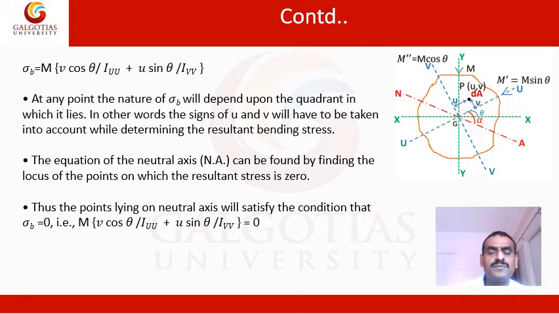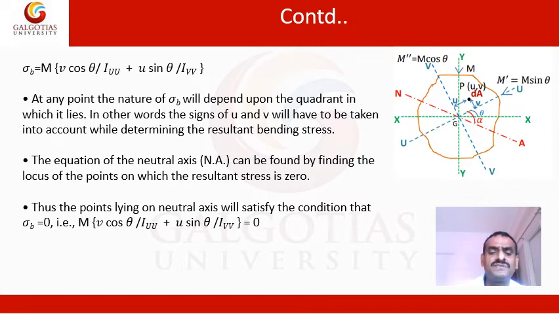The portions above the neutral plane will be of compressive nature, and the portions of the beam below the neutral plane will be of tensile nature. So at the neutral plane axis, the bending stress equals 0.